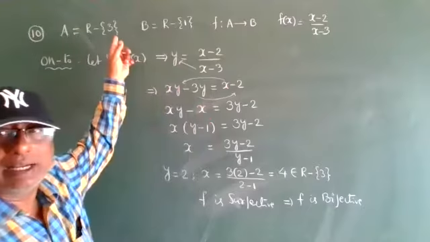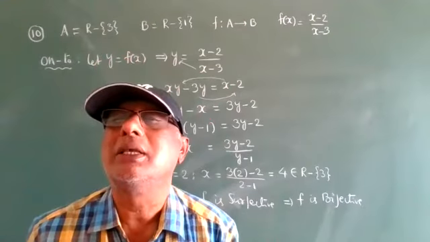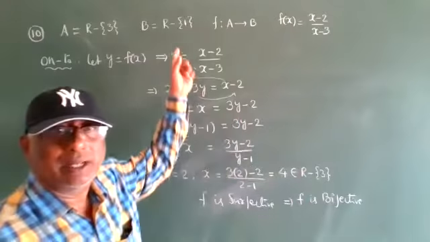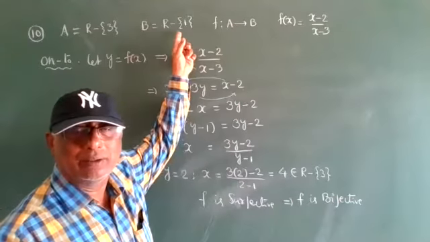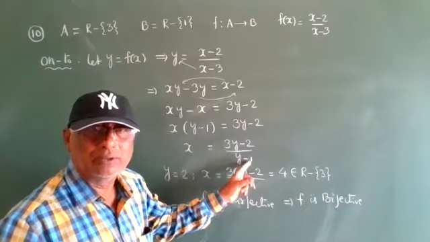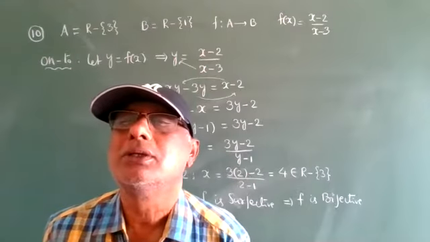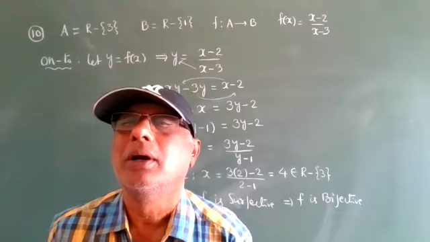So we never get the 3. If we got 3, there would be no 1 in the range. Yes, 1 is not there in the range. Already 1 is deleted; if it is 1 it would be undefined. So there is no 1 in the range, sir.